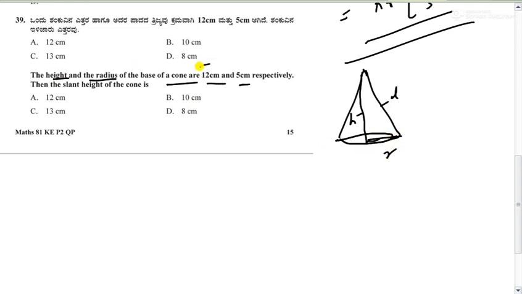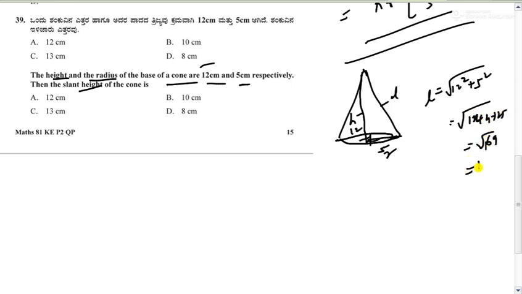What they have given, height is 12, means this is 12, and radius is 5, this is 5, and we have to find slant height L. Once again Pythagoras theorem, L is equal to root of 12 square plus 5 square, so it is a Pythagoras triplet, 12, 5 and 13. So this is 144 plus 25, which is equal to 169, and that is the square root of 13. So option number C is the right answer.